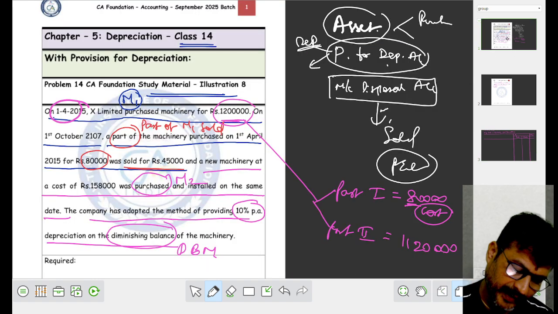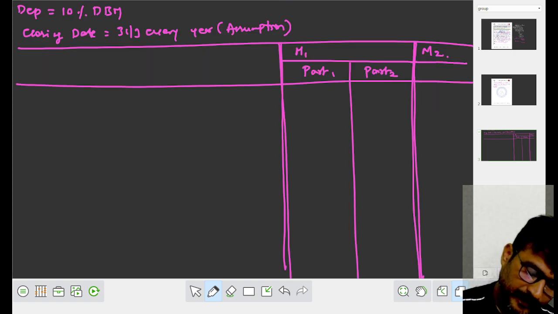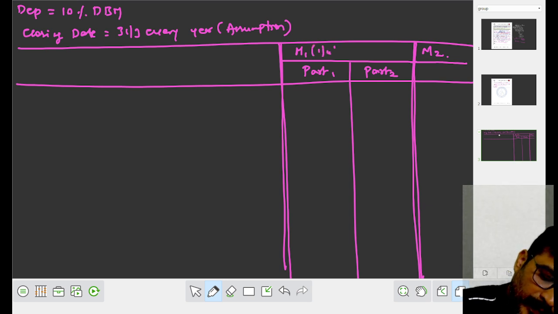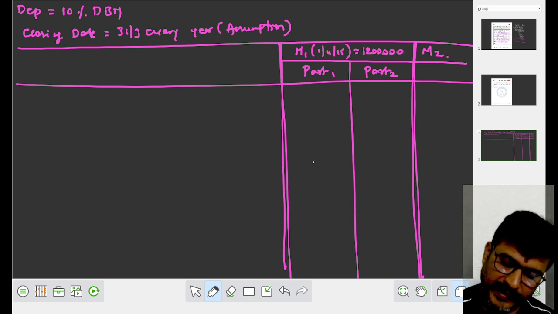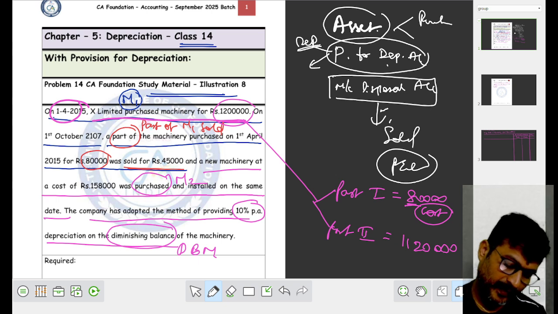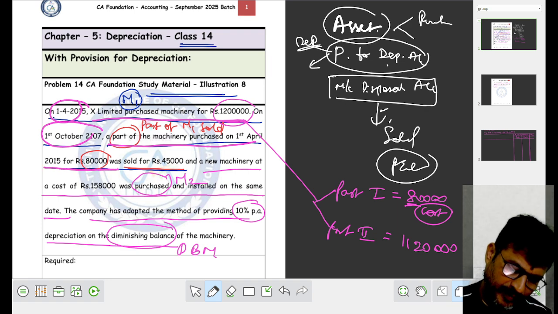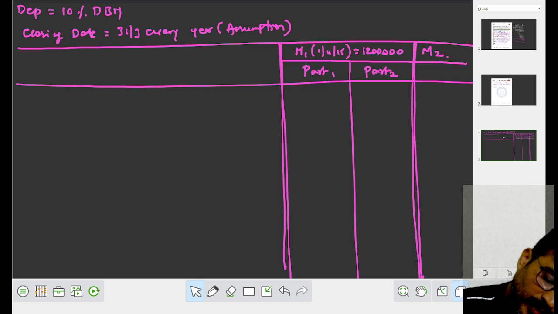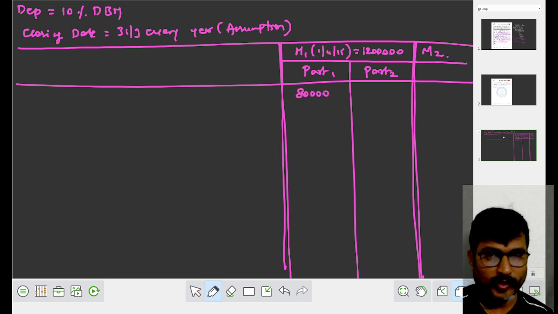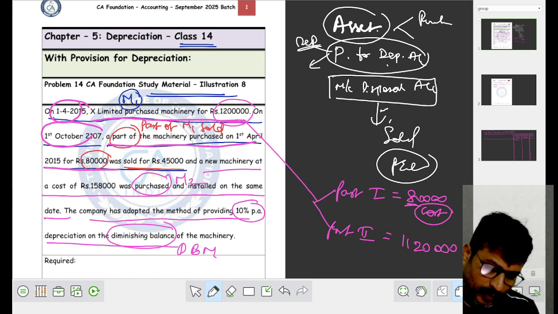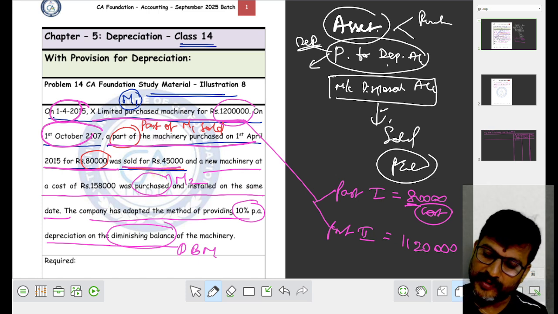Shall I start, my dear students? On 1st April 15, X Limited purchased a machine for 12 lakhs. On October 17, part of the machine purchased in April 15, costing 80,000, was sold for 45,000.